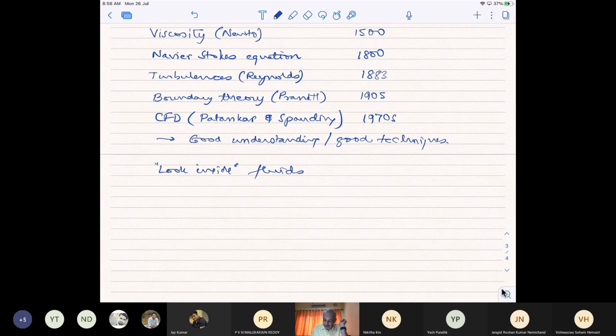You can look inside and you can make measurements today with very sophisticated techniques called PIV, particle image velocimetry. It gives you very detailed flow field information. So the field advanced because the experiments were easy to do. You could see what was going on and so forth.